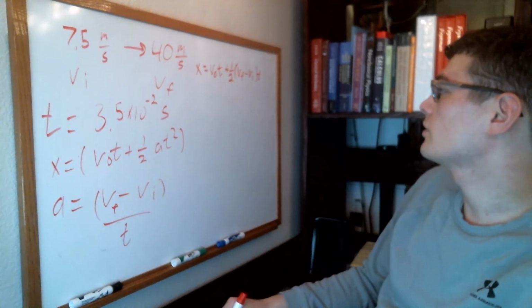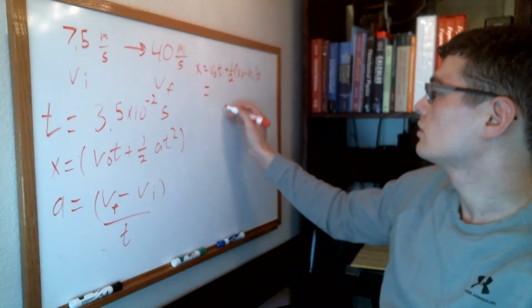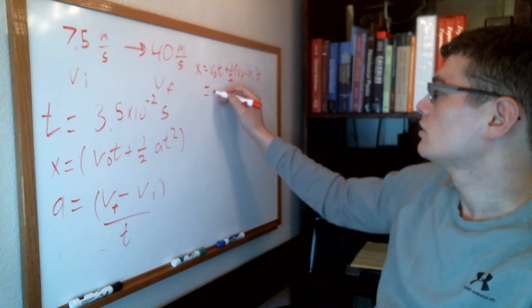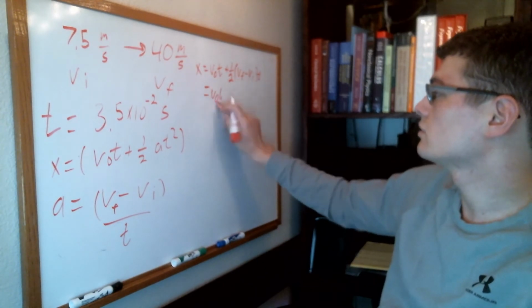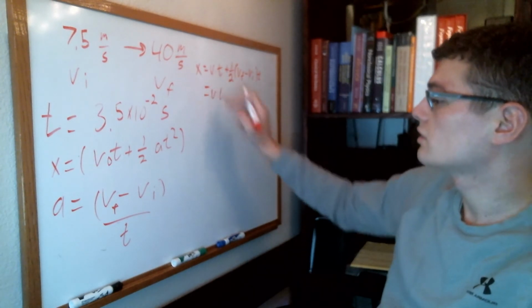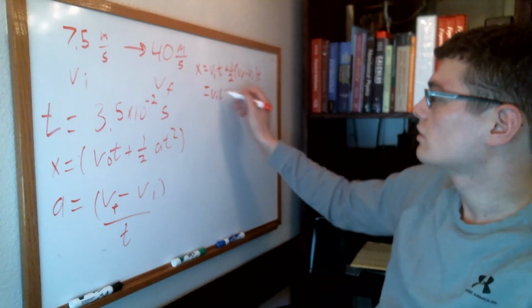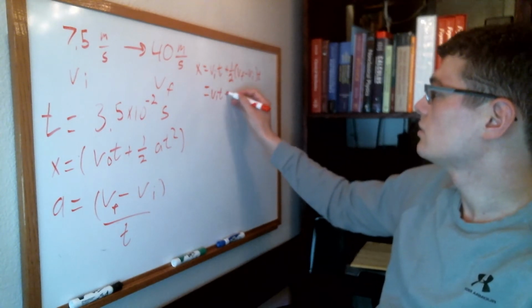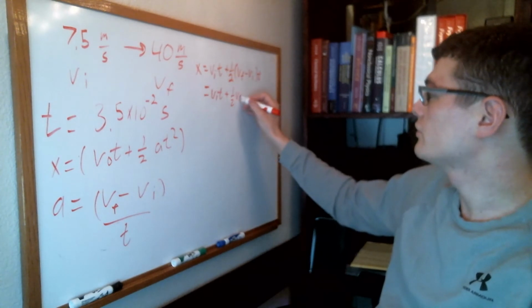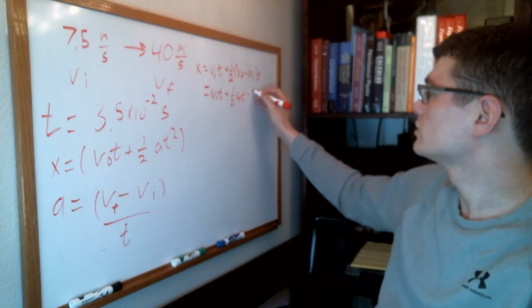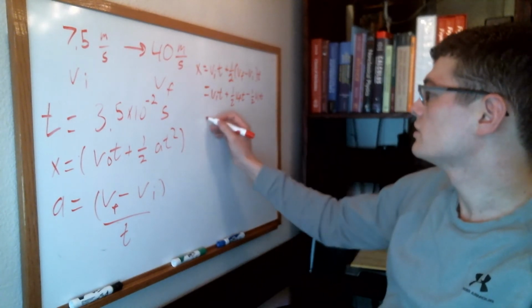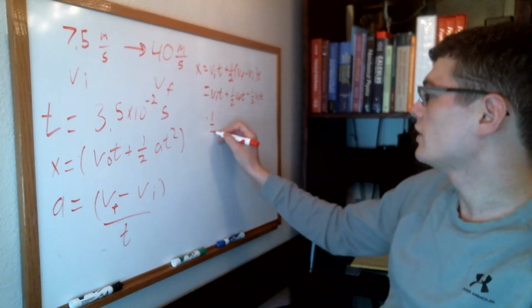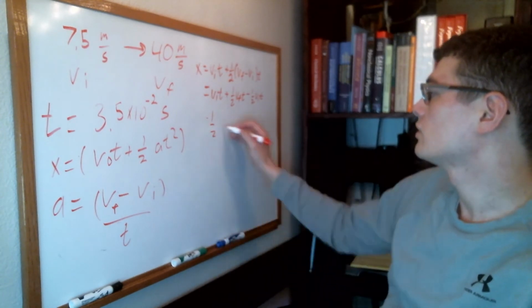And so a couple things we can do here. We can distribute our half in and our t's in. So we have v naught, I should say that this is vi, vi t plus 1/2 vf t minus 1/2 vi t. Combine like terms here, and then I'm going to factor out a 1/2.